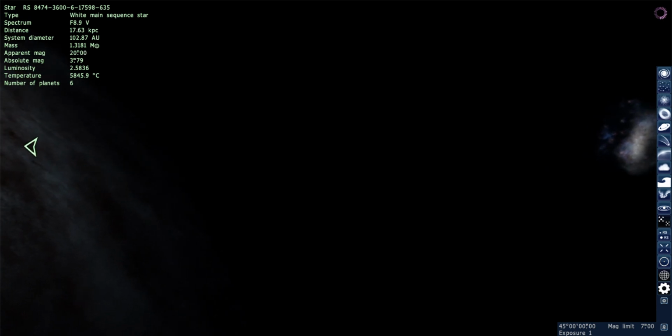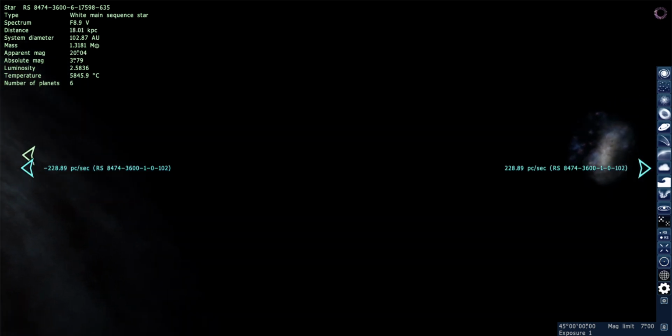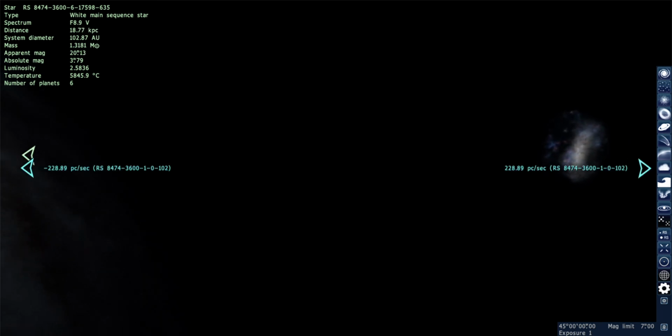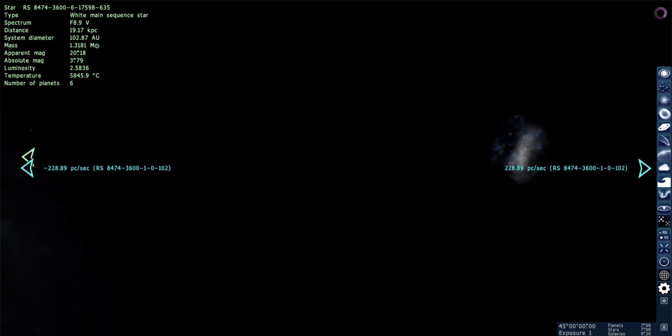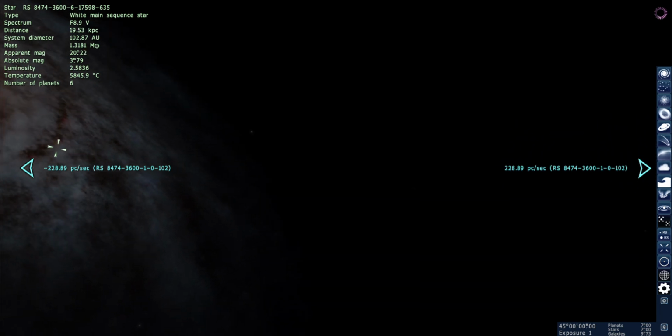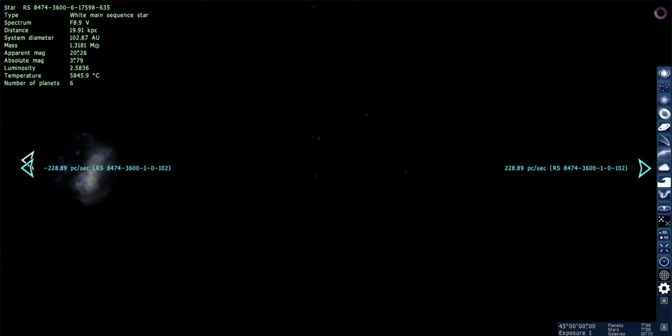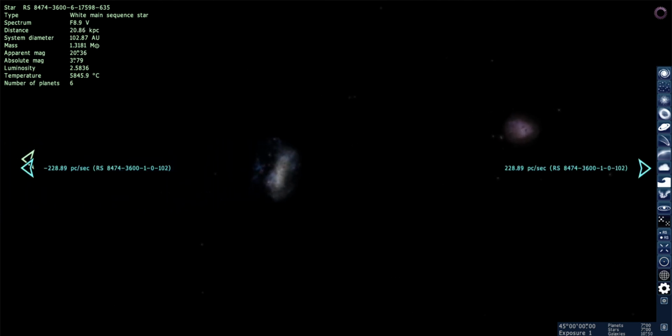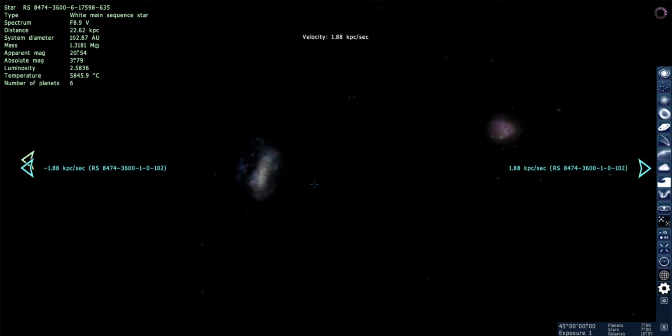So this obviously always happens when we're rotating in a galaxy. We're always reaching for the outermost clusters. Let's see ahead. And there are two of them, yeah. Let's increase velocity and see what happens.